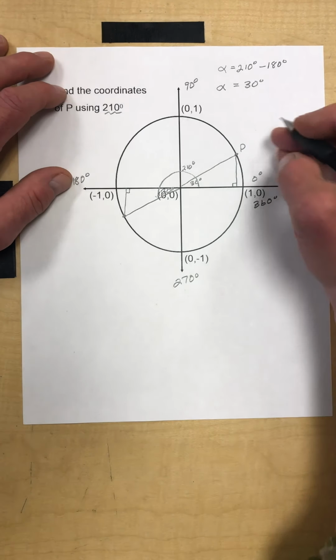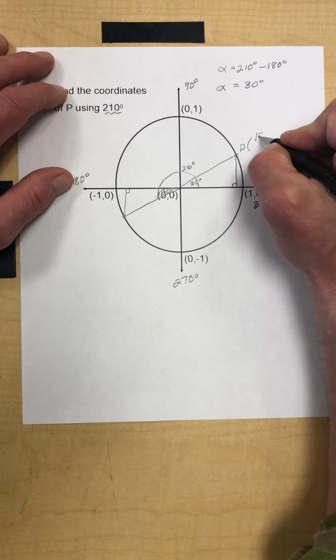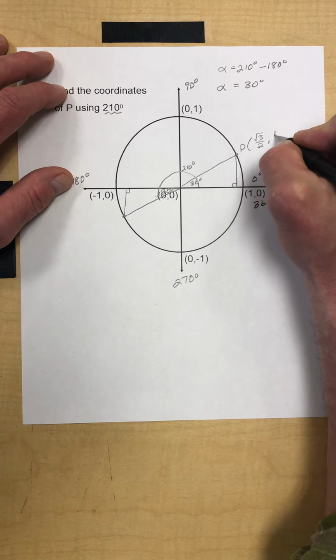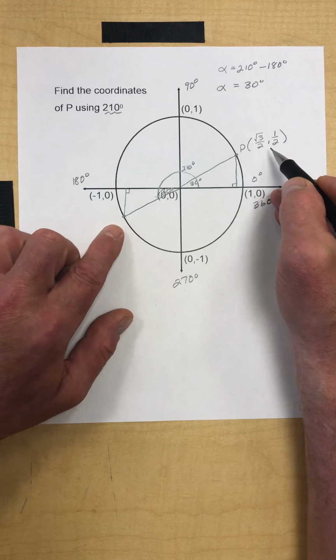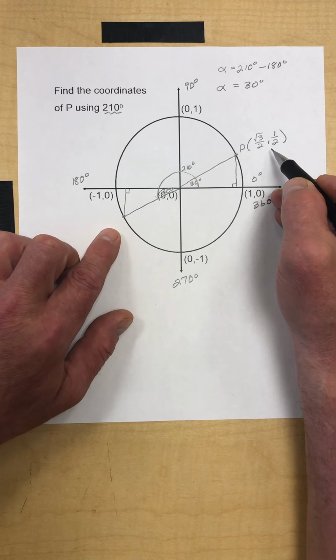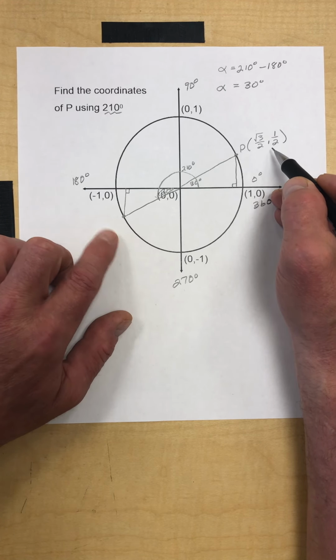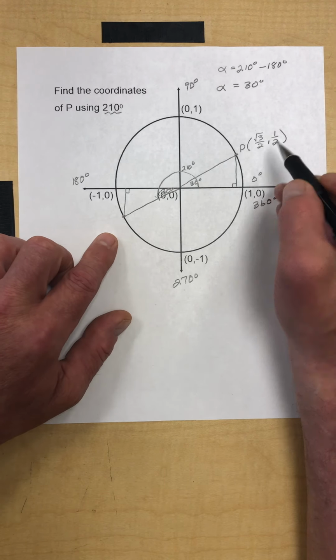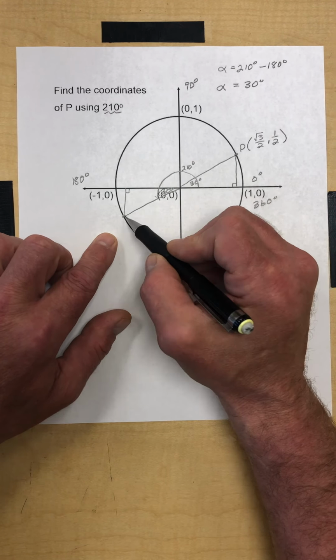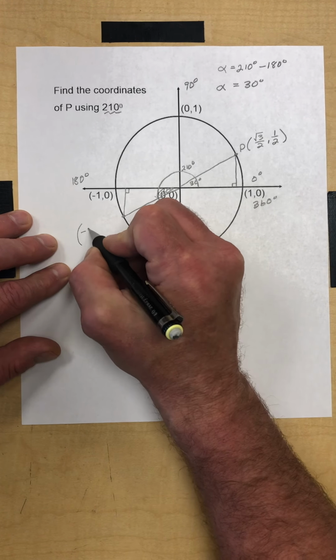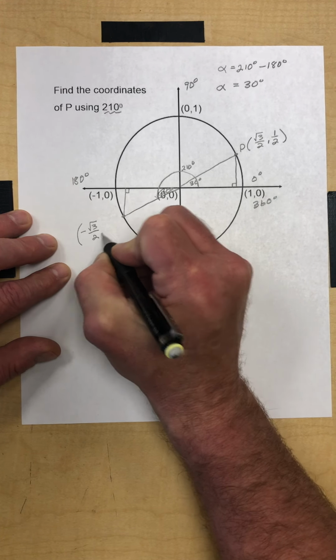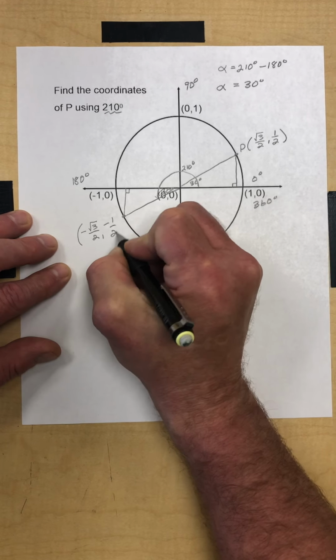So these coordinates have to be almost identical to these coordinates because it's just a reflection, except now we're down in quadrant 3. So we know that our x coordinate is negative and our y coordinate is negative. So right here we're going to get negative radical 3 over 2 and negative 1/2.